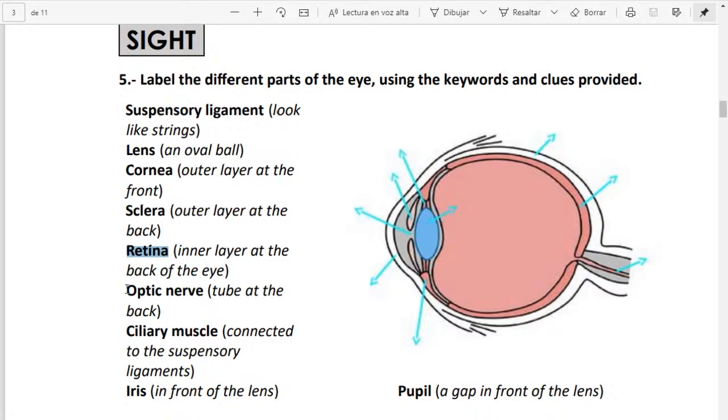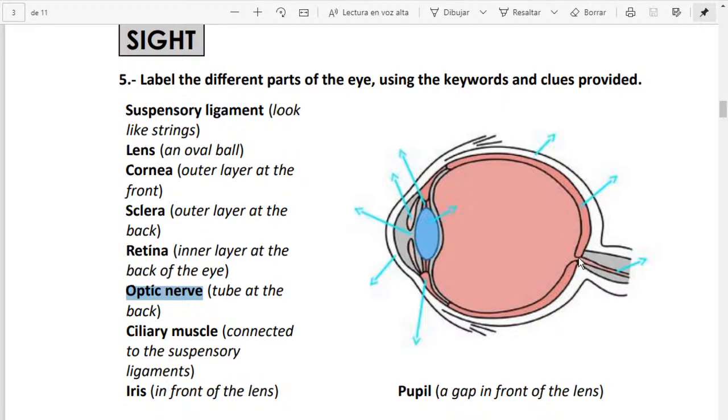Then we have the optic nerve. So remember that the retina is able to change the light energy that enters through the pupil here to the back of the eye. This is light energy, and this is changed into electrical impulses, electrical energy.